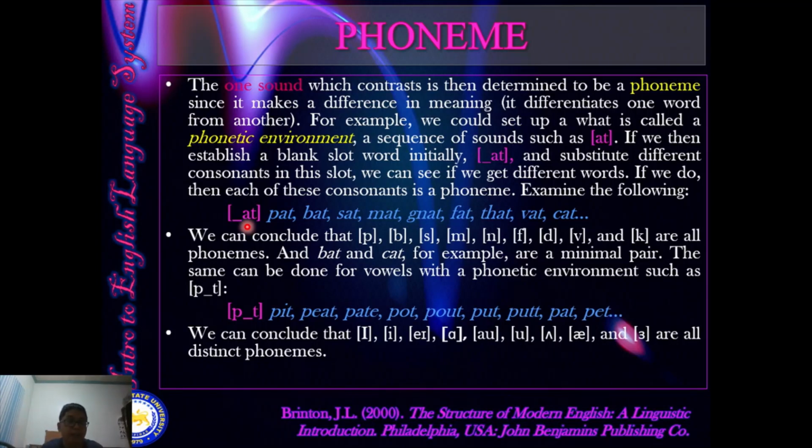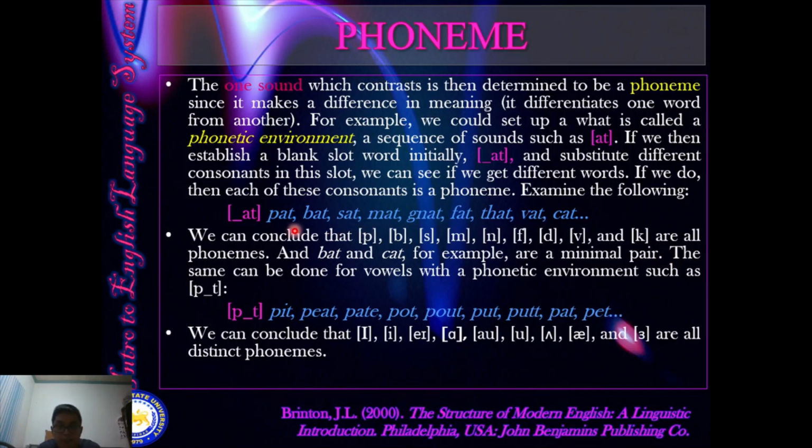For the phonetic environment _at, we can have pat, bat, sat, mat, nat, fat, that, vat, cat. Right? Now, we can conclude that p, b, s, m, n, f, d, v, and k are all phonemes.